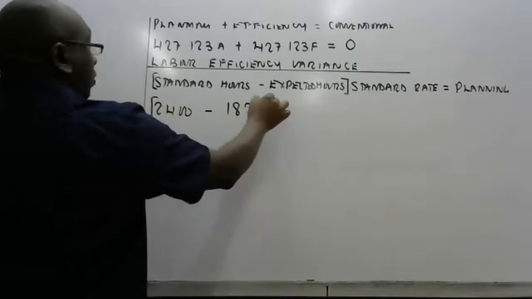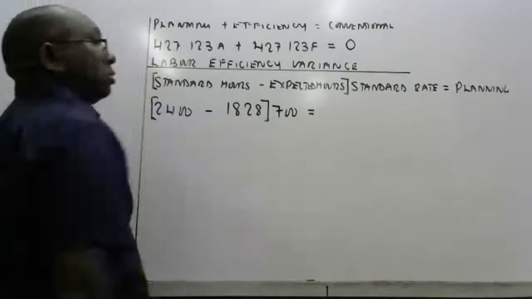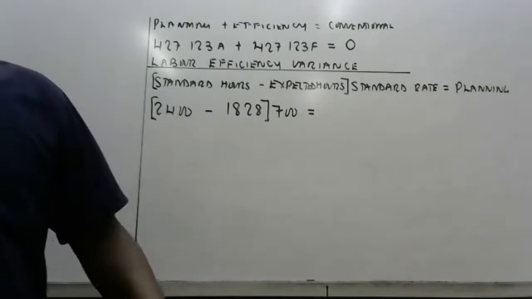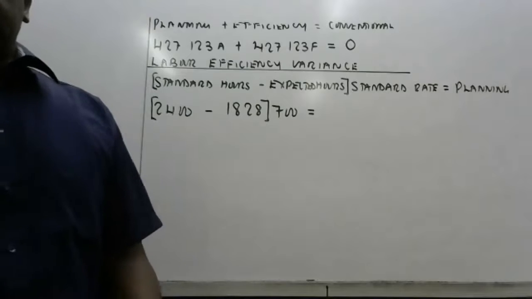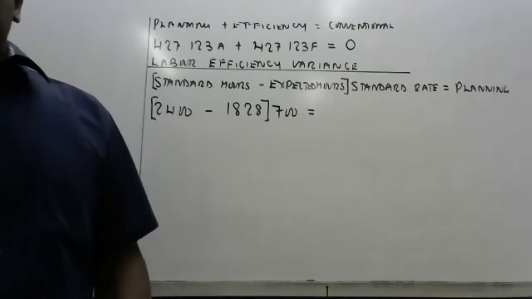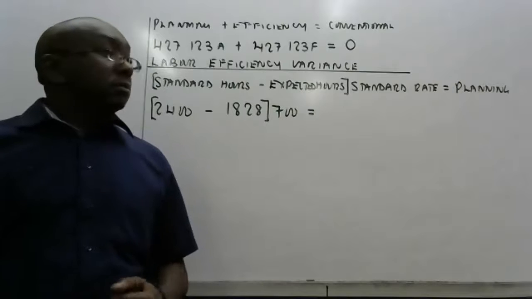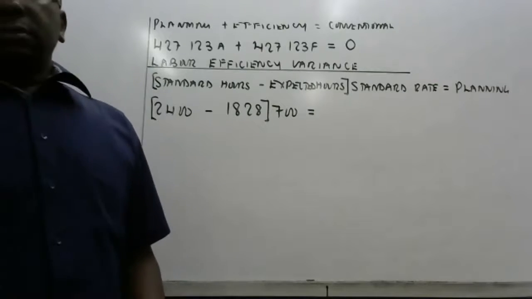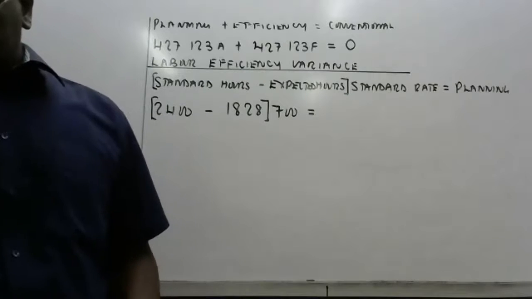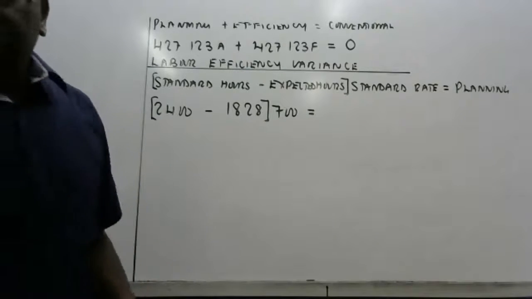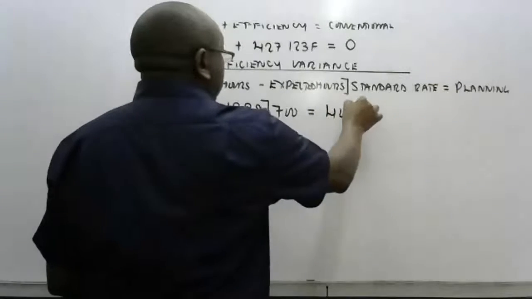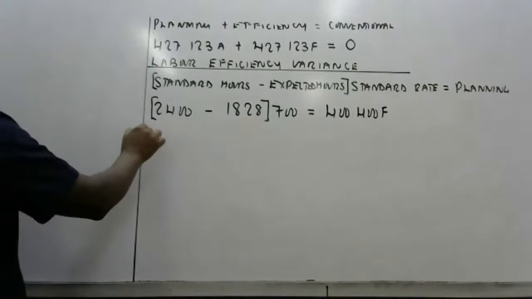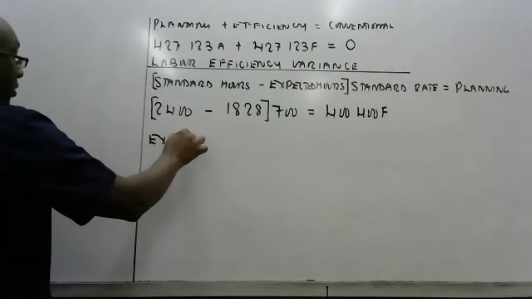And the standard rate we had was 700. So give me that. $400,400 favorable.